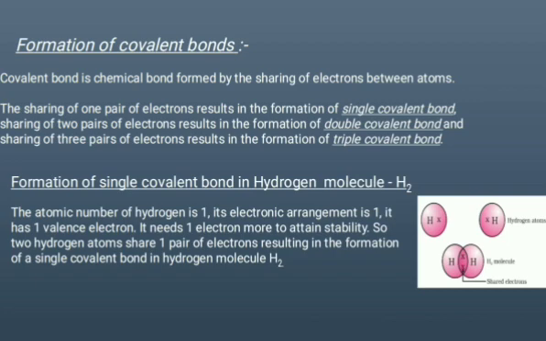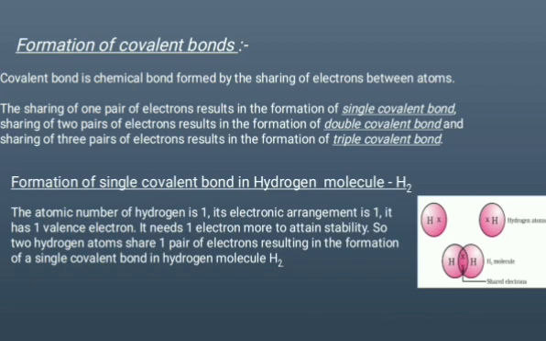Formation of single covalent bond in hydrogen molecule. The atomic number of hydrogen is 1. Its electronic configuration is 1. It has only one electron in the first shell, and it has only one shell. It needs one electron more to attain stability, or to attain the electronic configuration of the nearest noble gas helium, which has two electrons in its K shell.